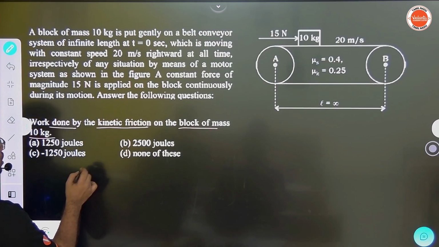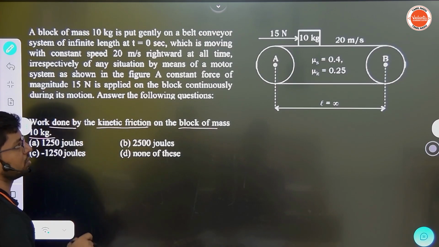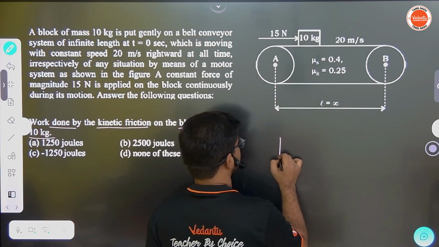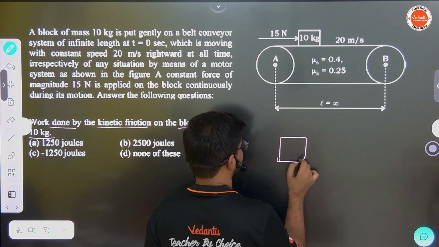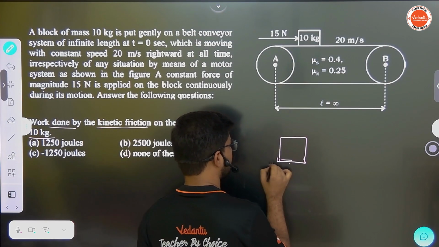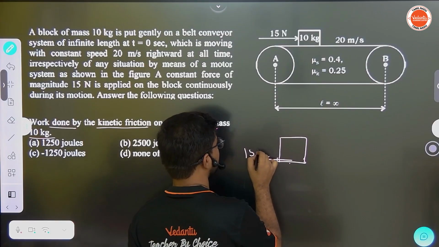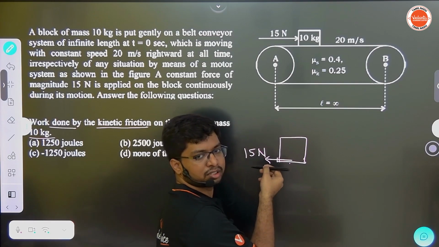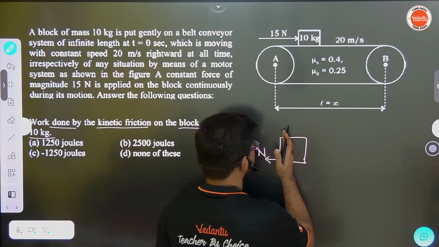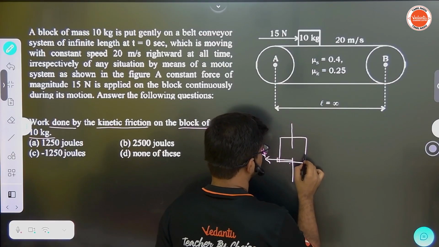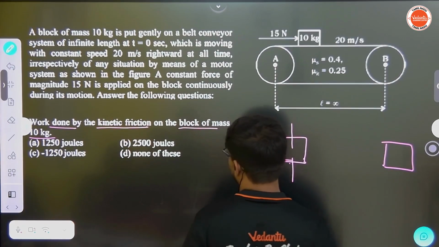Okay, let us see what is the work done by the frictional force over here on the 10 kg block. So on the 10 kg block, your friction force exactly equal to 50 newtons will act in the backward direction, right? And it is going to get displaced in the forward direction.